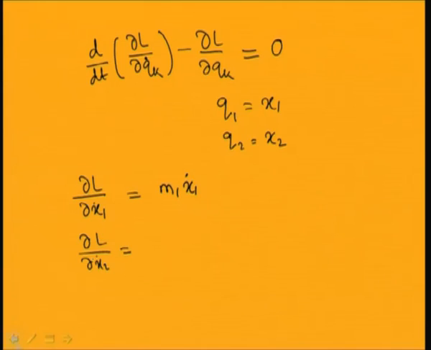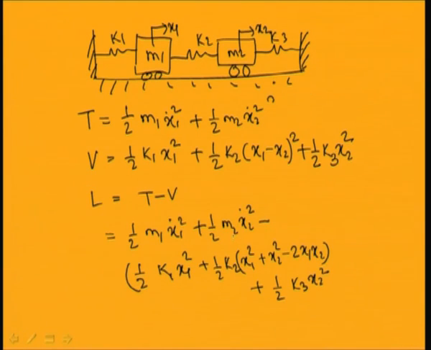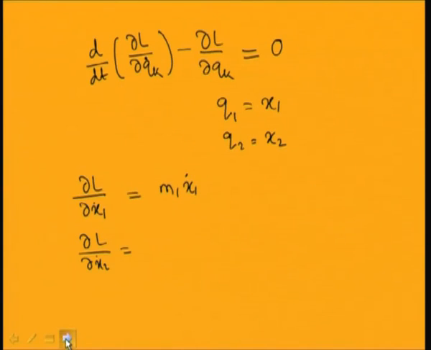Similarly, I can write del L by del x2 dot will be equal to m2 x2 dot. So, other terms you just see are not functions of x2 dot, so those terms' derivative will be equal to 0. So, this becomes m2 x2 dot.